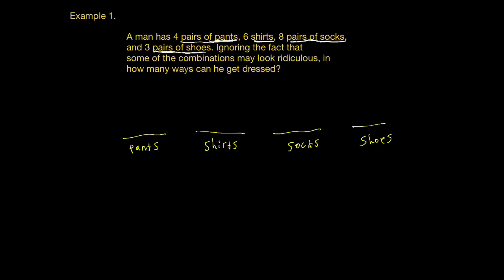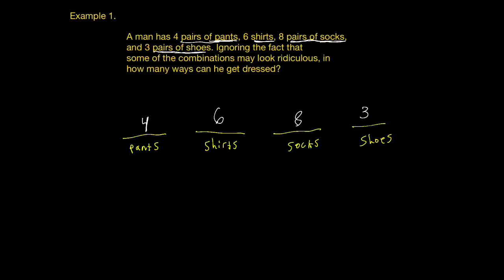So for pants, I see that I have 4 choices here. For shirts, I see that I have 6 choices. For socks, we can see that we have 8 choices. And finally, for shoes, we can see that we have 3 choices.